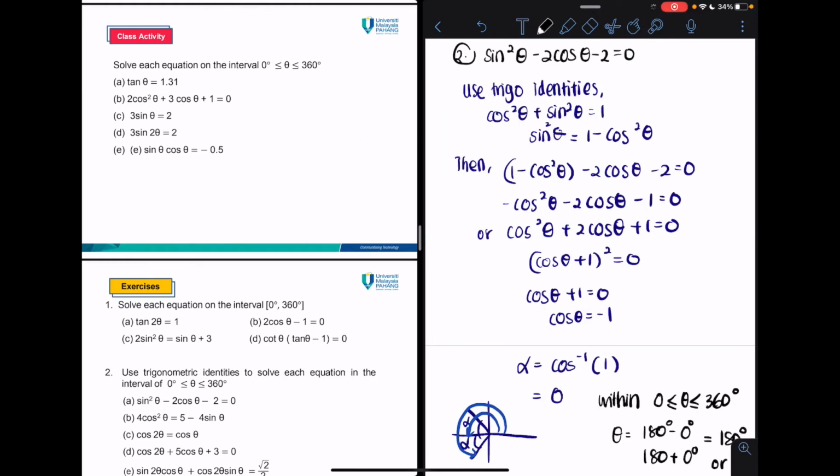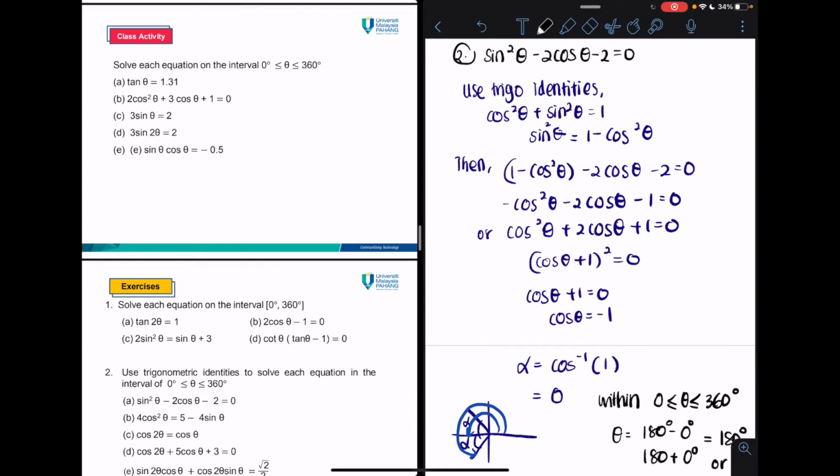Now, let's take a look at the following question, which is to determine sine squared theta minus 2 cosine theta minus 2 equal to 0. Again, in order to solve this problem, we have to use the trigonometry identities. This time around, we will apply cosine squared theta plus sine squared theta equal to 1.